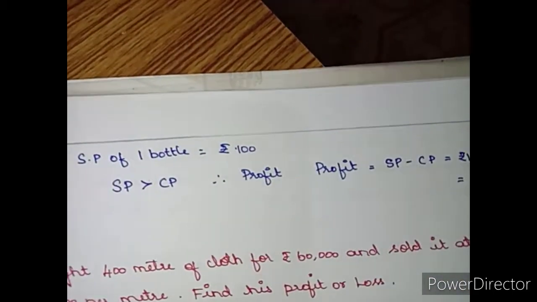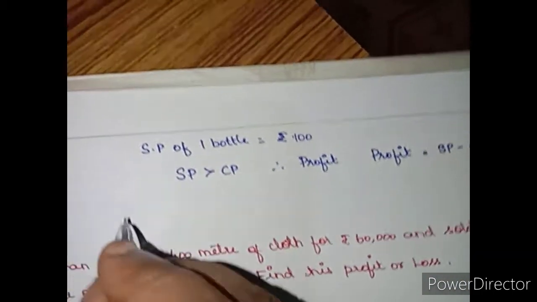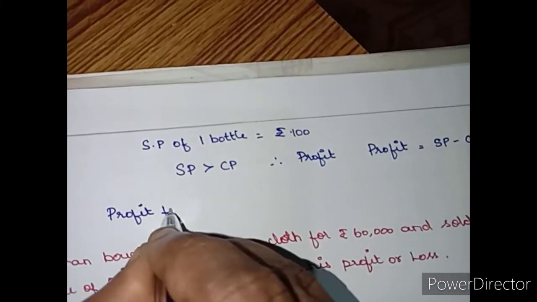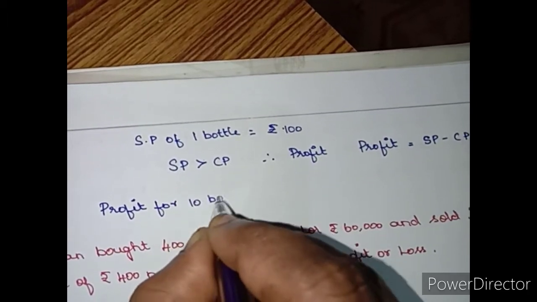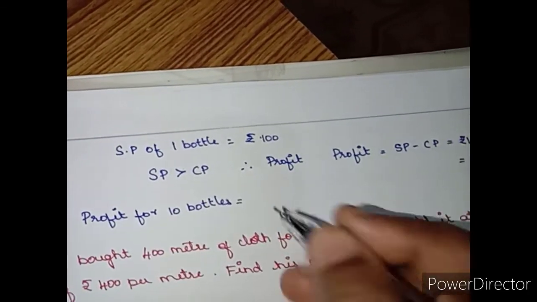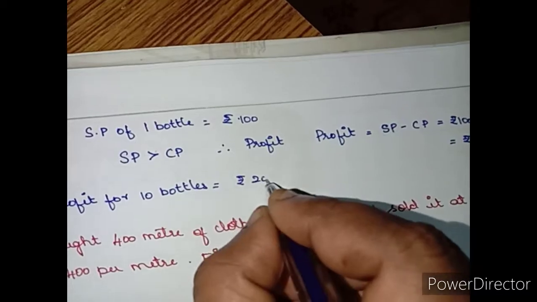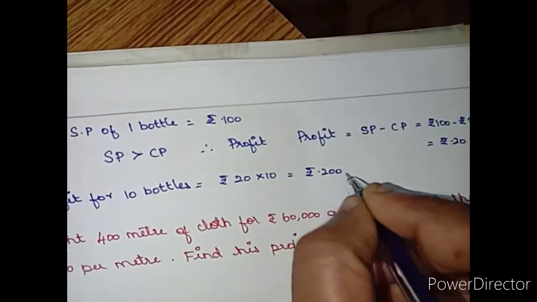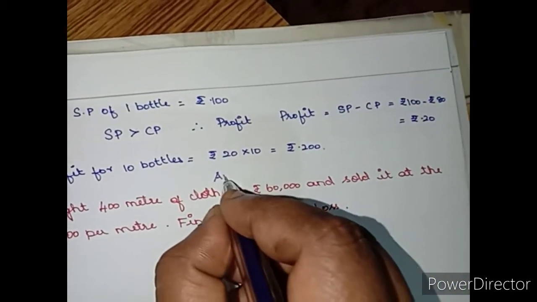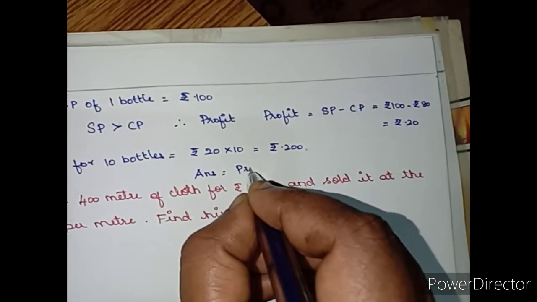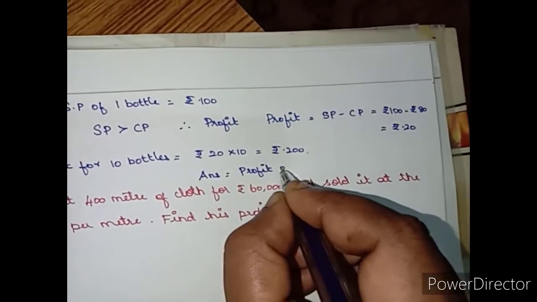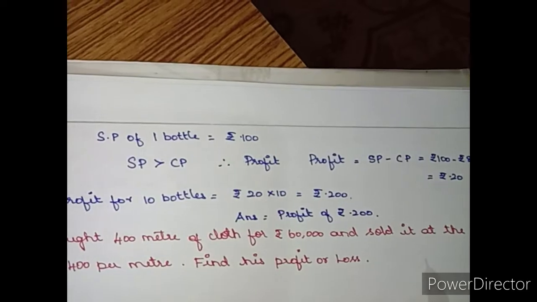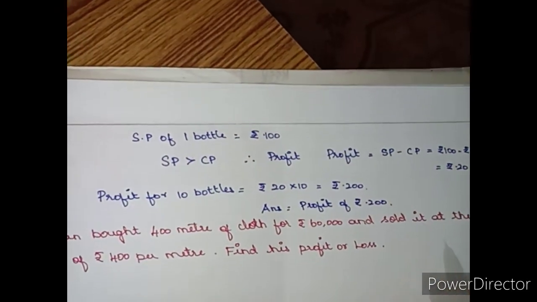This is for one bottle. Totally how many bottles do we have? So profit for 10 bottles is equal to rupees 20 into 10 is equal to rupees 200. So what is the answer? The answer is a profit of rupees 200. Understood? We'll go for the next question.